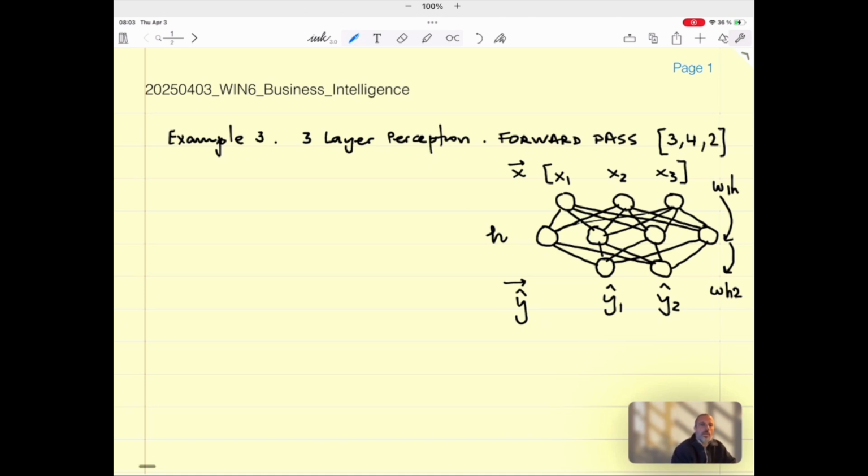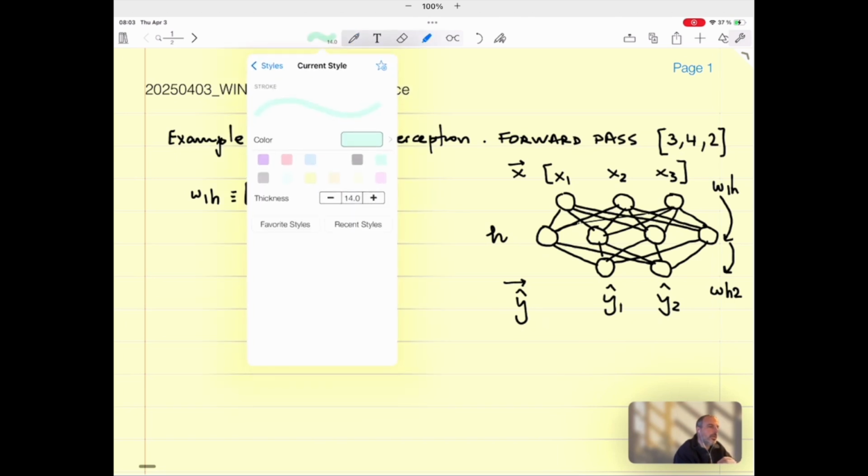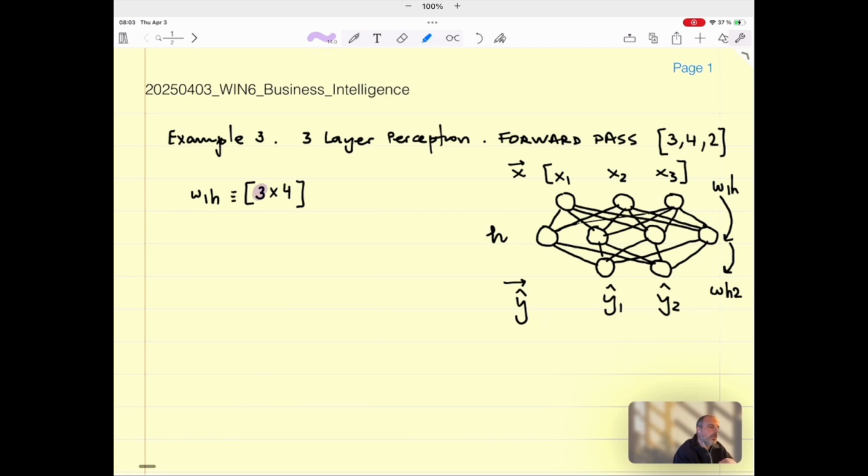So the dimensions of the matrix 1H are 3 by 4, because here we have 3 elements, and here we have 4 elements.